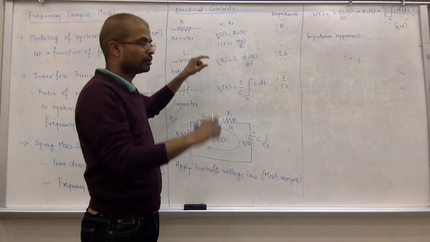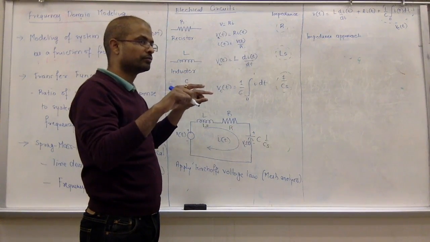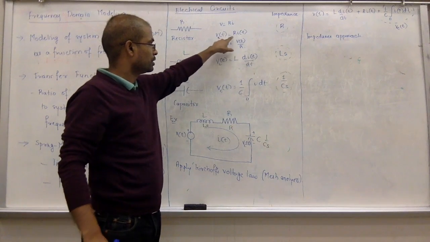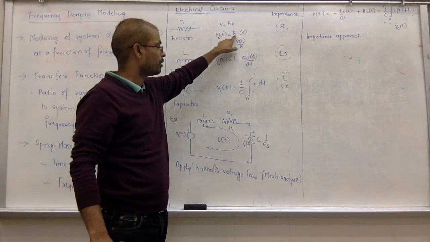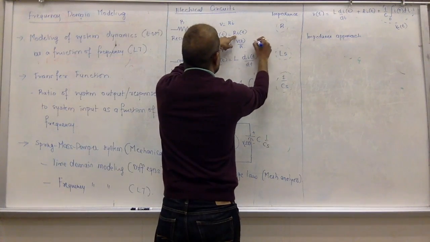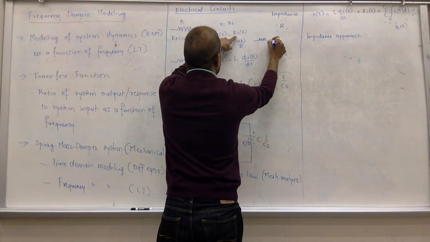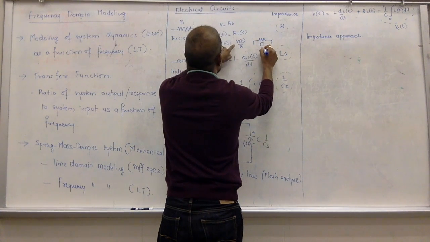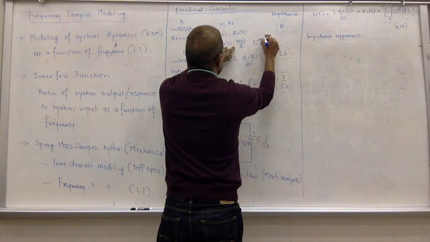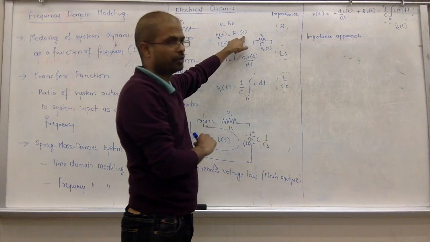If you apply a voltage across a resistor, and you know the resistance, the current flowing is I of t.